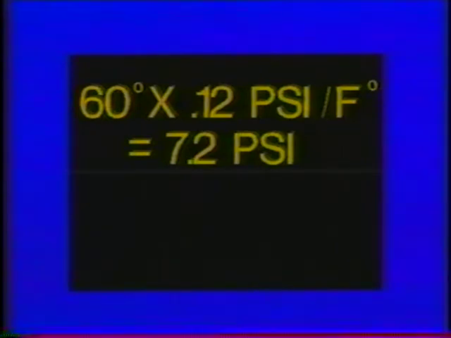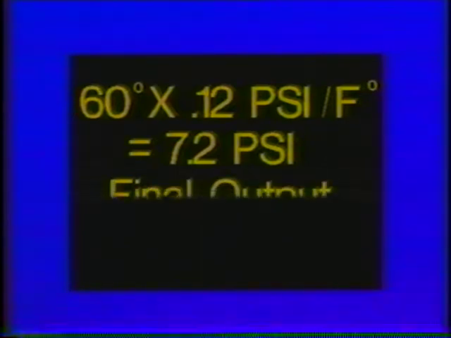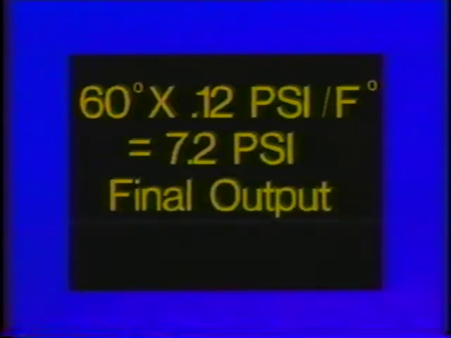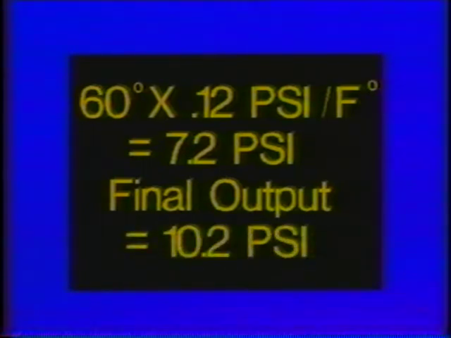Now we have to add the starting point to this calculation. Since the transmitter is already sending out 3 psi when it's sensing 0 degrees, the final output equals 10.2 psi.